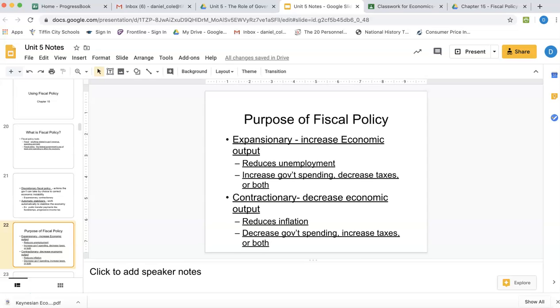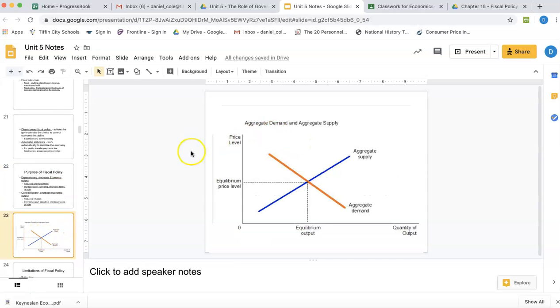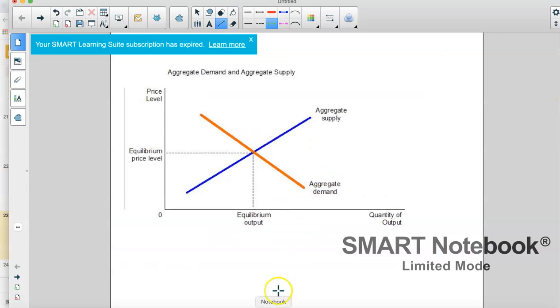Okay? To show you where all this makes sense, we're going to go back to our aggregate supply and demand charts here. So let's look at expansionary policy, okay? So Congress decides we'll look at the Trump check of $1,200. The idea is the government's going to spend $2 trillion to get $1,200 in every American's hand, okay?